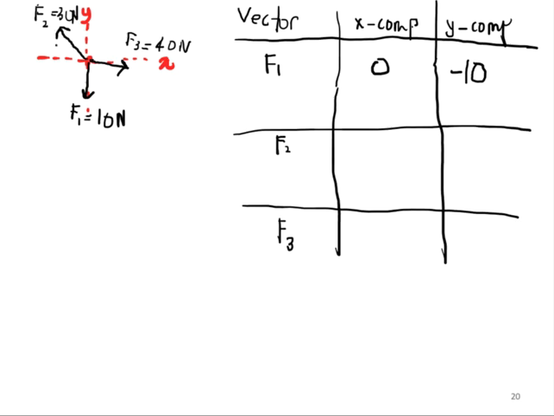F2 lies in between the y-axis and the x-axis. In the question, it gives you 60 degrees. The angle is given at this point. So we transfer the 60 degrees, as you learn in mathematics. So 60 degrees is here.